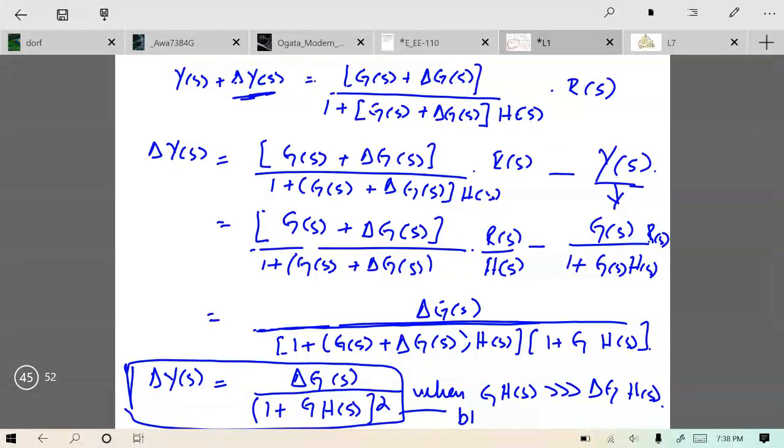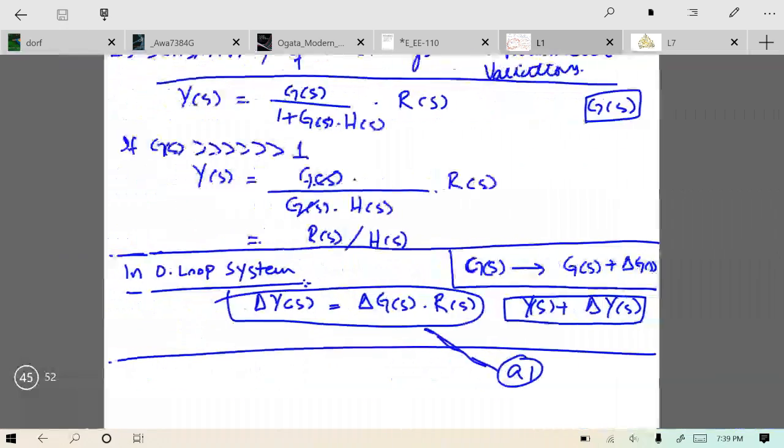However, in the closed loop system, when you have a change in g of s, the change in output is delta g of s divided by 1 plus g h of s whole square times lesser. So the system is less sensitive by this amount, by 1 plus g h of s whole square.